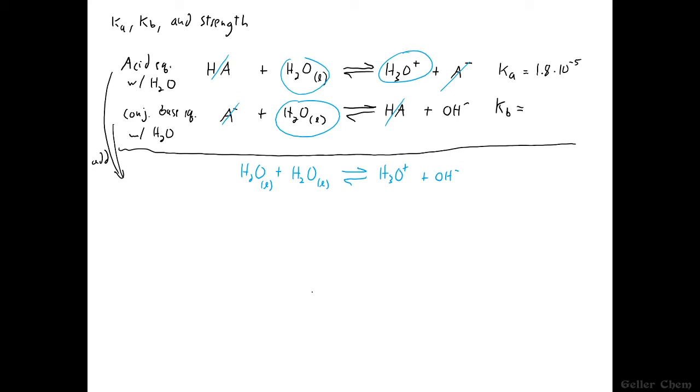That's the autoionization or protolysis equilibrium for water. And we know that that equilibrium has a very specific K value, Kw. But we also know that that Kw must be equal to the K values of the two reactions that we're adding together, because we learned that during the manipulating equilibria section.